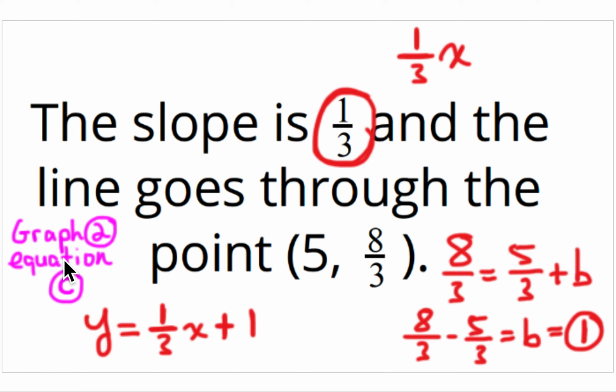And so that matches graph 2. If you go to graph 2, you're going to see that the slope is 1/3. So for a horizontal change of 3 units, the vertical change is just 1 unit.